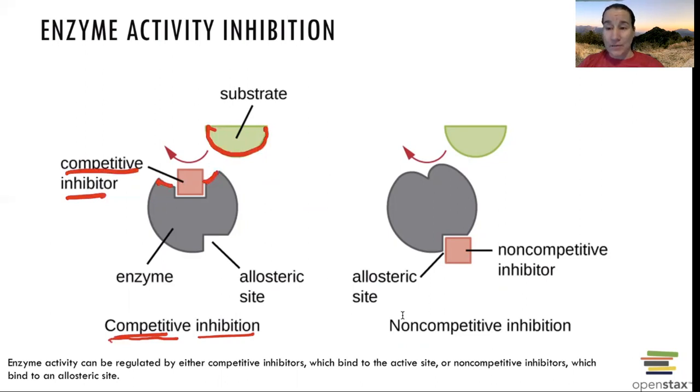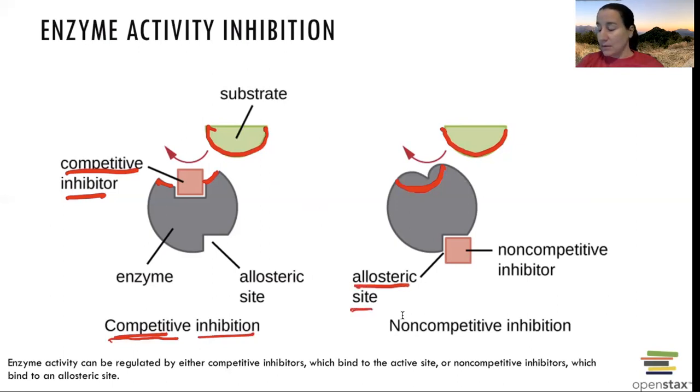But it doesn't always have to be the active site that gets bound. Remember, the shape of the enzyme is absolutely critical to it performing its job. So what if instead of having our lovely smiley face waiting for our substrate to come along and bind to the active site, something else came along and bound to a different spot on the enzyme? If it's binding to a different spot on the enzyme, it's called an allosteric site.